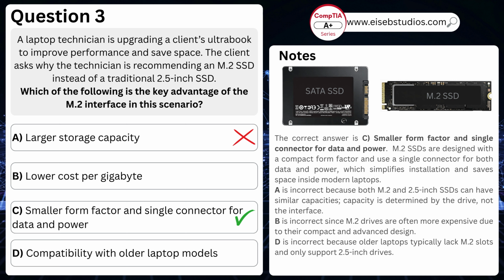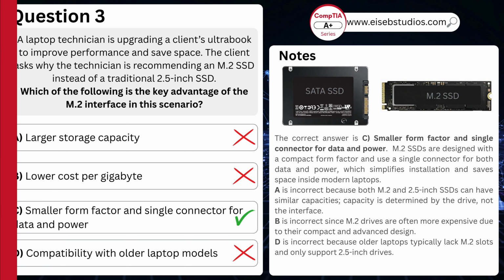Capacity is determined by the drive, not the interface. B is incorrect since M.2 drives are often more expensive due to their compact and advanced design. D is incorrect because older laptops typically lack M.2 slots and only support 2.5-inch drives.